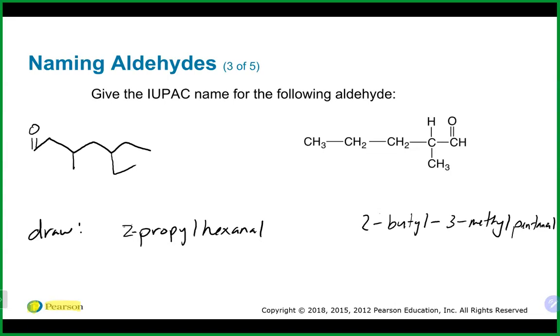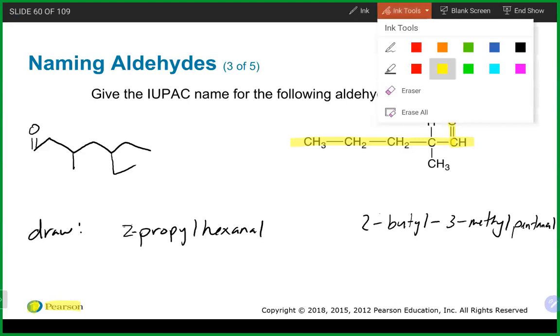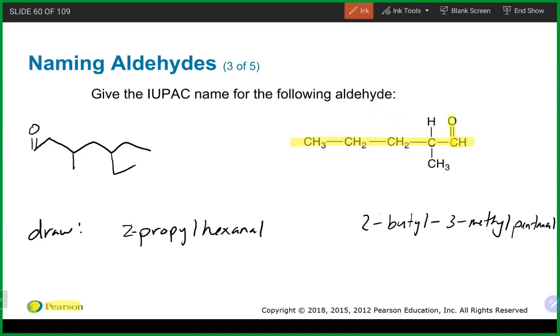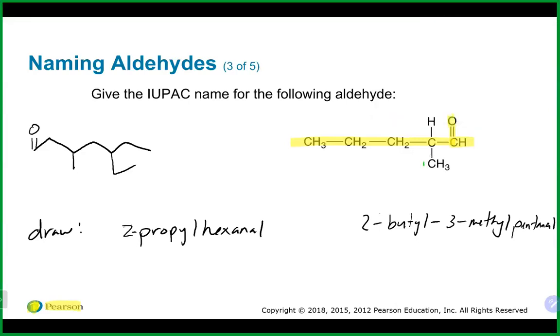We'll start top right here. Longest carbon chain. Again, it does need to contain obviously our aldehyde group here. So that's 1 carbon, 2 carbons, 3 carbons, 4 carbons, and 5 carbons. I think that's going to be a winner in terms of the longest carbon chain. We also obviously have a methyl group there as well.